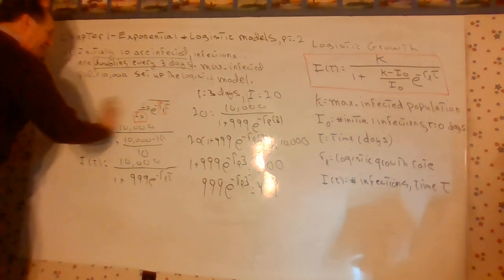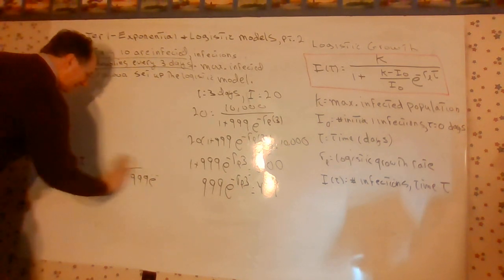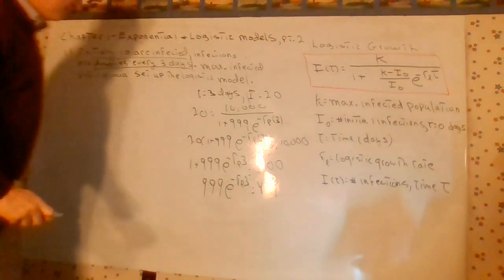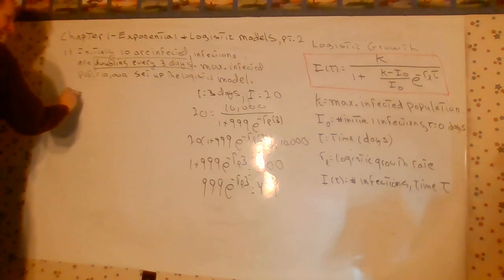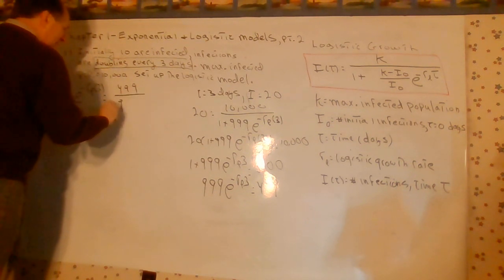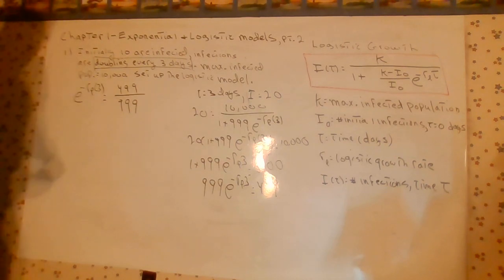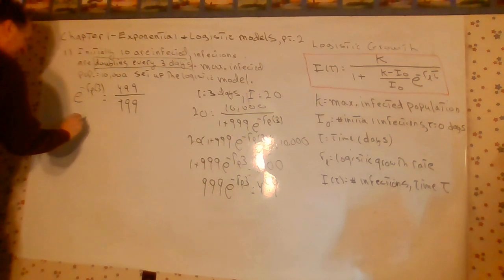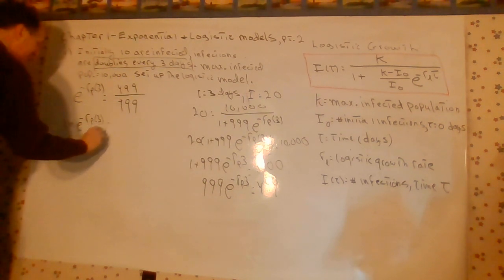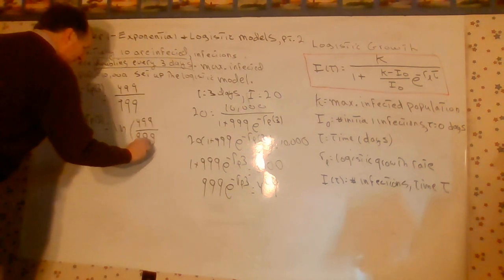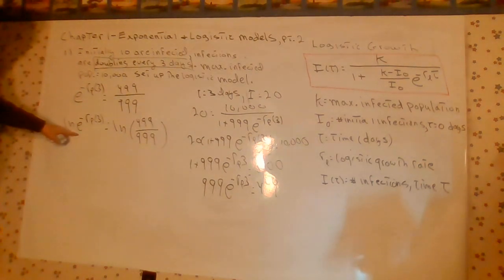Let's clear a little bit of space here and come back up. You can always rewind the video. We divide by 999, and that gives us e to the minus R_L times 3 is equal to 499 over 999. Of course, we need to get rid of that e, so we take the natural log of both sides. The ln cancels out the e.